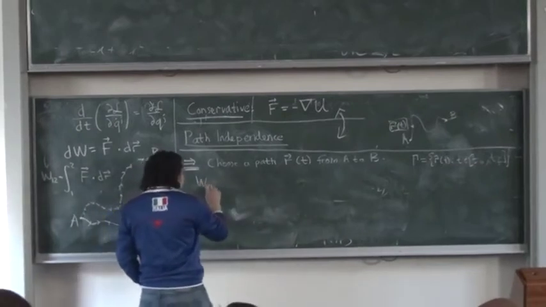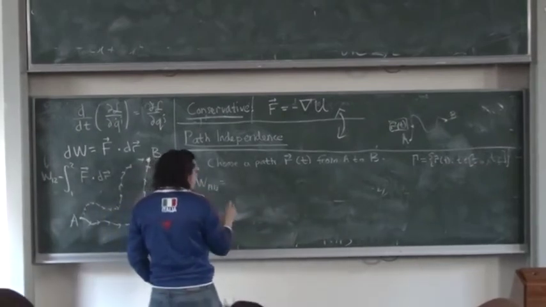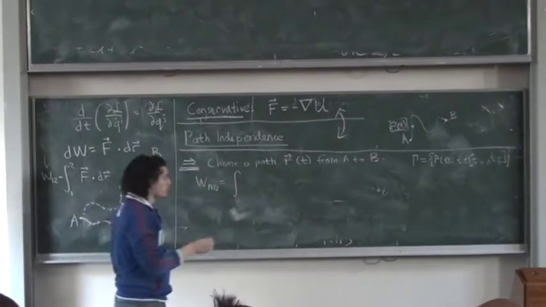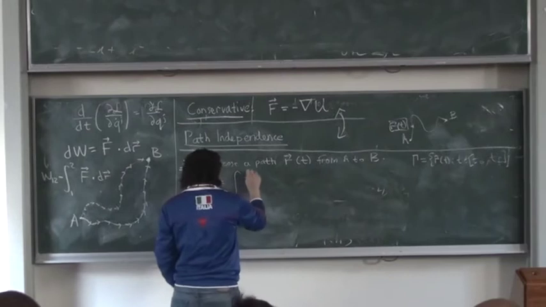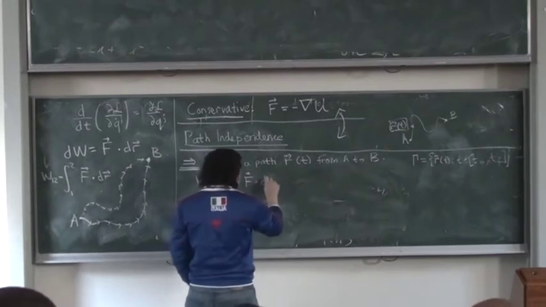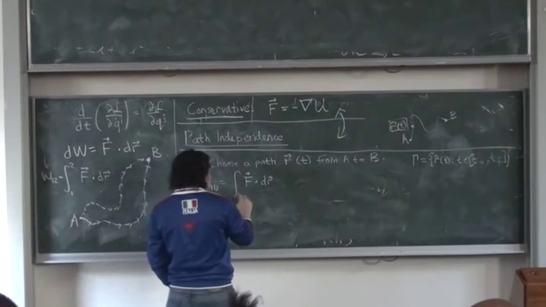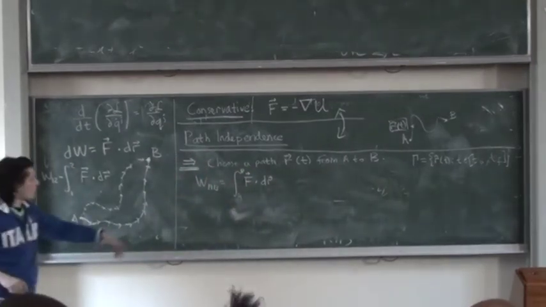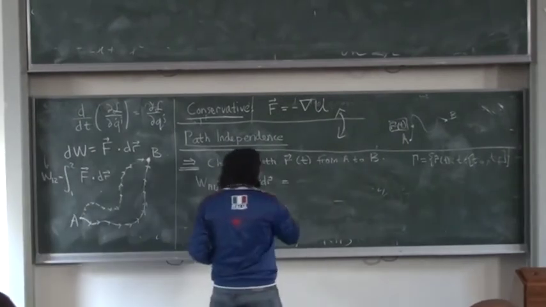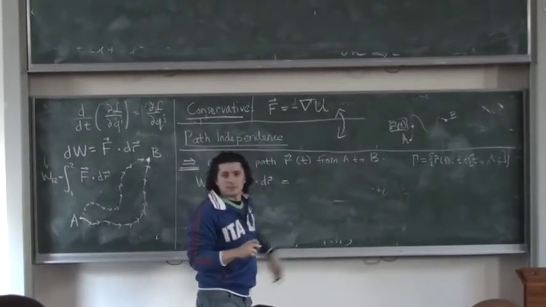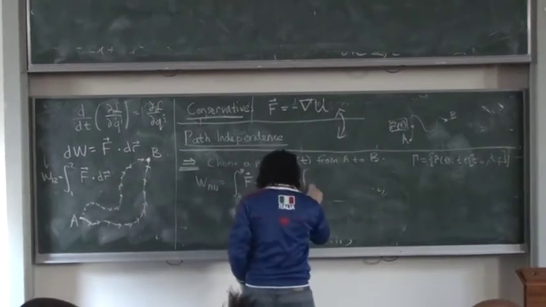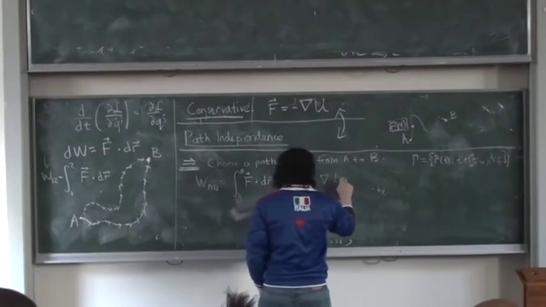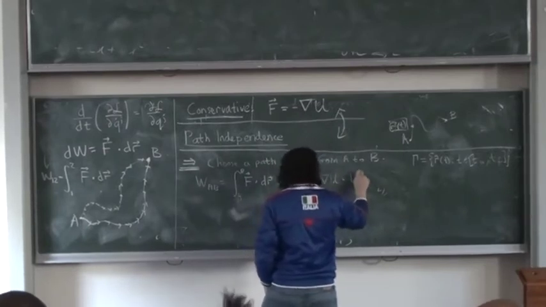The work done from A to B is going to be the integral of the force dot dr as I move from A to B. Now remember that I can write the force by my little mathematical thing as the minus gradient of the potential. This is minus the integral from A to B of gradient of the potential dot dr.